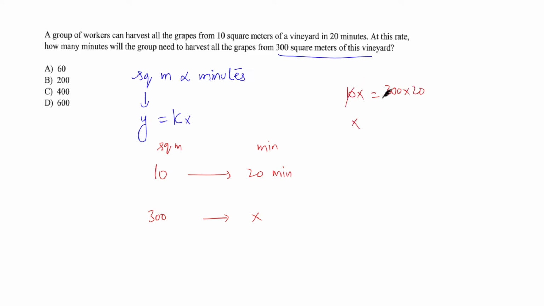X equals 300 into 2, which is 600. This is our answer. Or if you want to form the equation, you can do that as well. It's completely up to you. Or you can also write it like this: y1 over x1, which is, let's say, 10 over 20 equals y2 over x2, which is 300 over x. You will get the same equation.